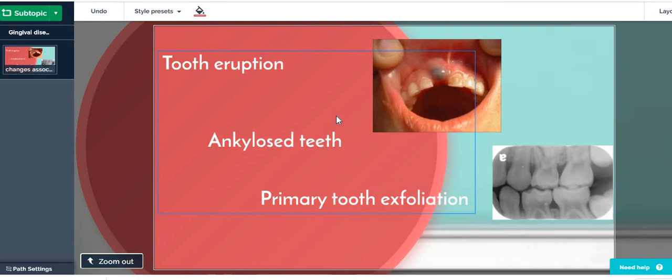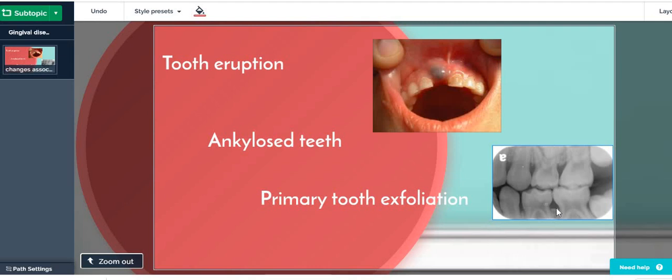As we said, during exfoliation, change in position possibly leads to change in occlusion, and malalignment caused by spacing and changes in skeletal relationship related to erupting teeth also may contribute to significant trauma of periodontal structure. So these changes are important to be considered during the observation of the child's teeth.